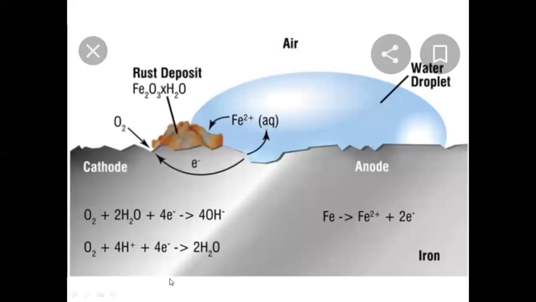In this image, although I told you about it in my previous lecture, I'm just giving a quick review. You can see that the iron bar acts as an anode because here there is less water content. At this point, iron gets oxidized by losing 2 electrons.